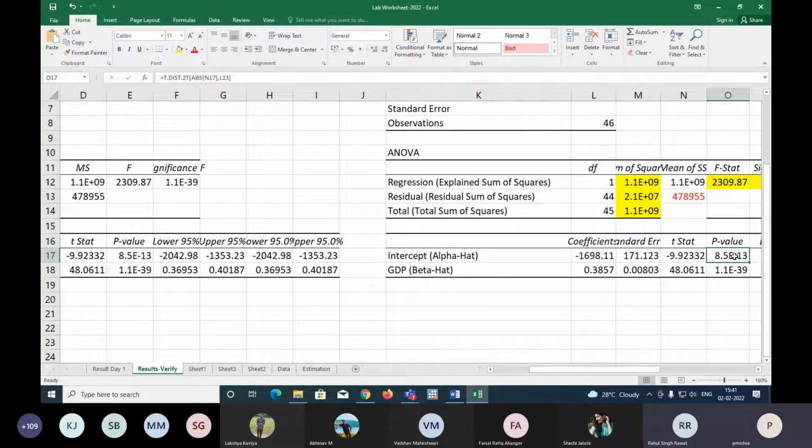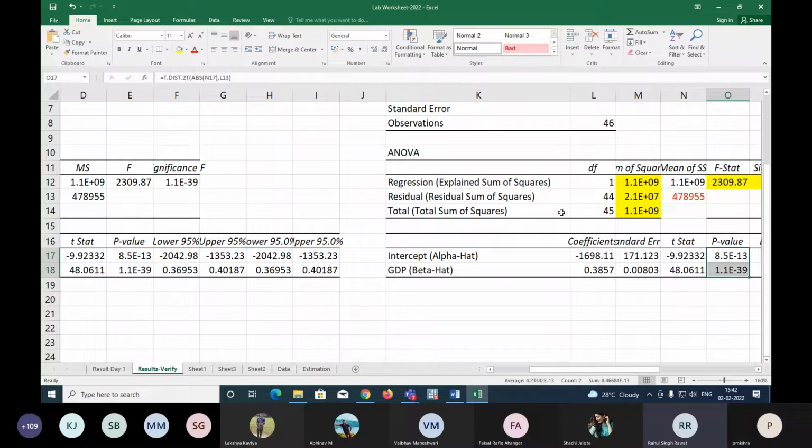So in either case, you can see these probabilities are much less than 0.01. So both alpha hat and beta hat, both slope and intercept, are statistically significant at 1%.